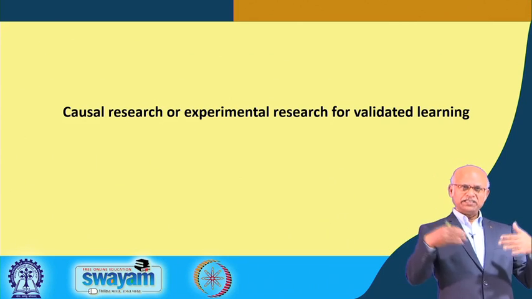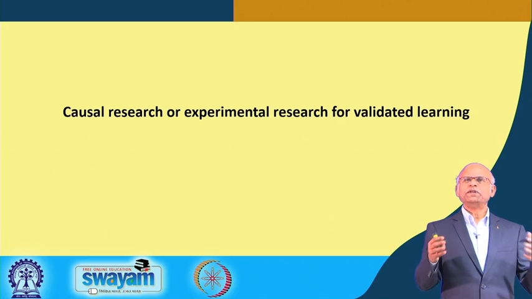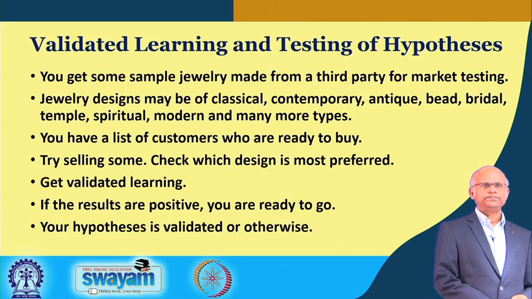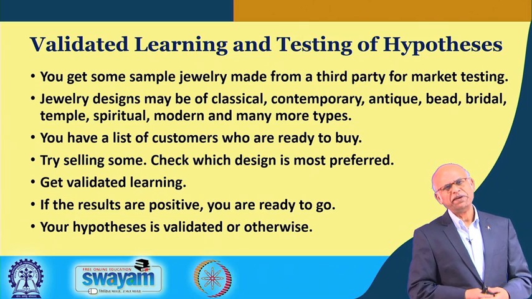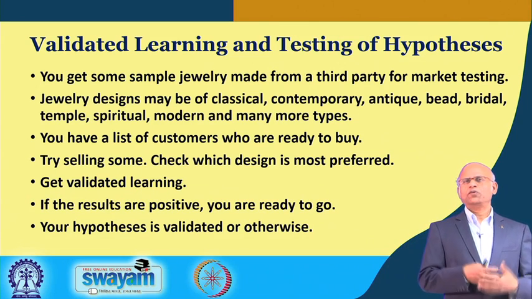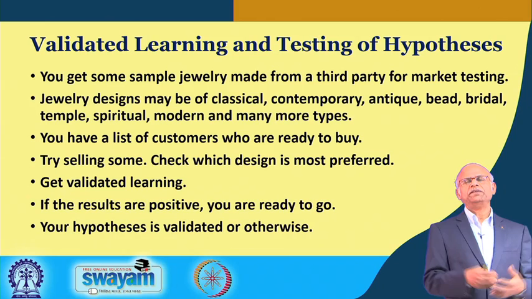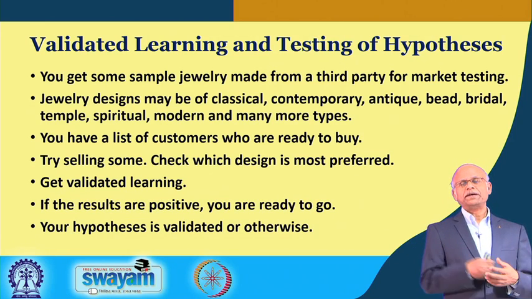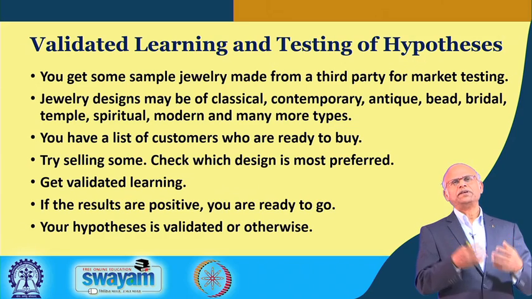Now, to do that, let us do causal research or experimental research for validated learning. This is real validation. You get some sample jewelry made from somebody abroad or from whatever source, machine made, in various kinds of types.